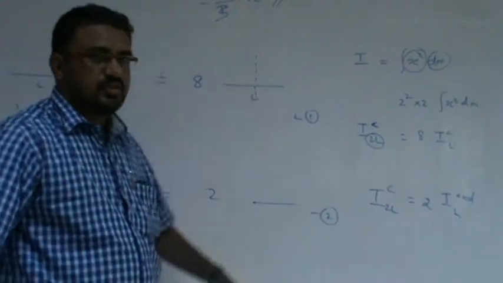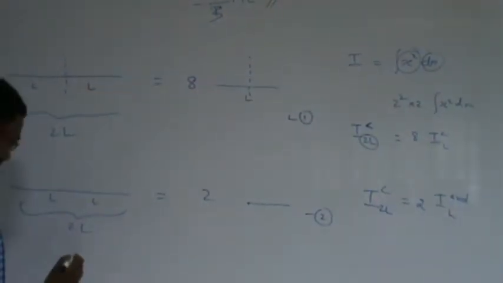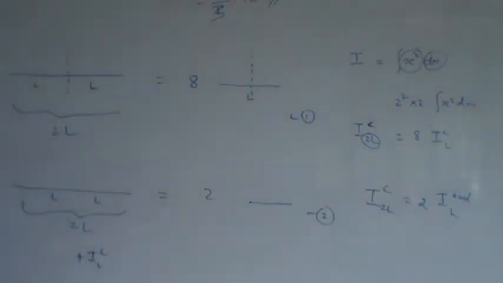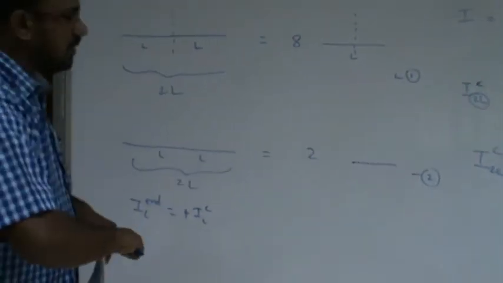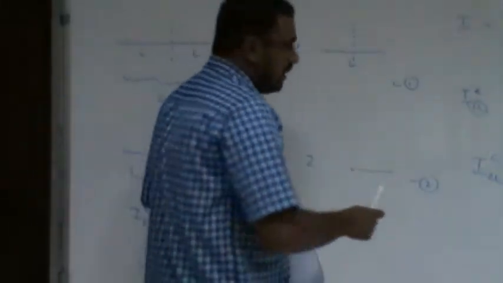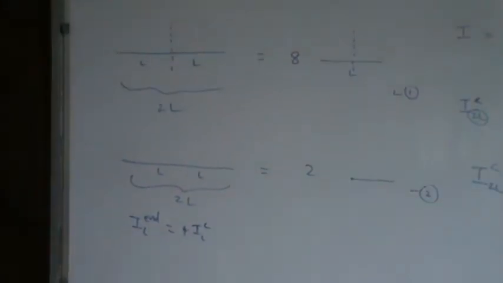Compare these two, and you get one relation: 4 times I_LC is equal to I_L. The left hand sides of these two equations are the same, therefore the right hand sides can be equated.